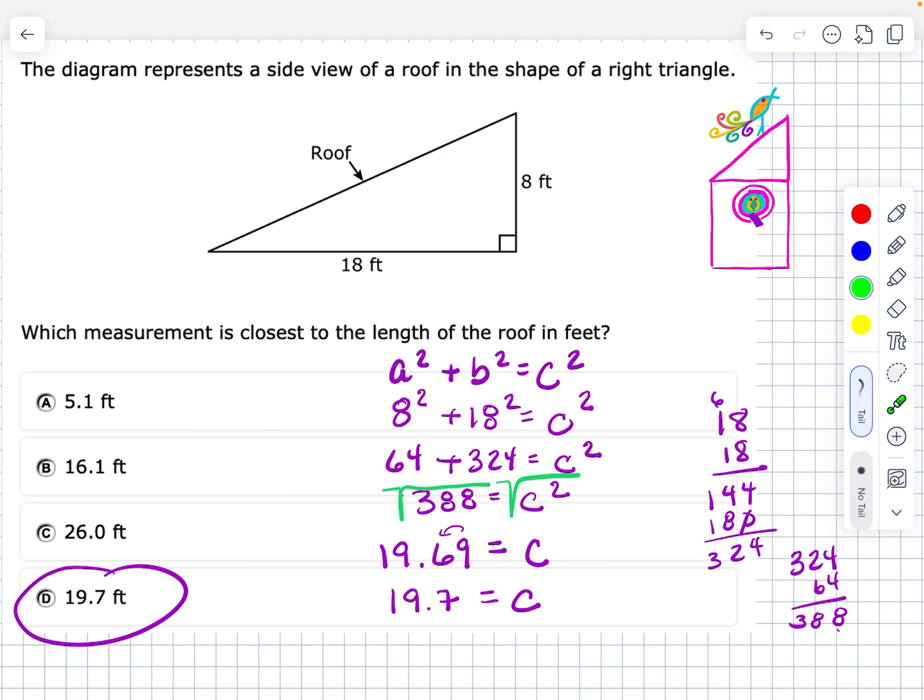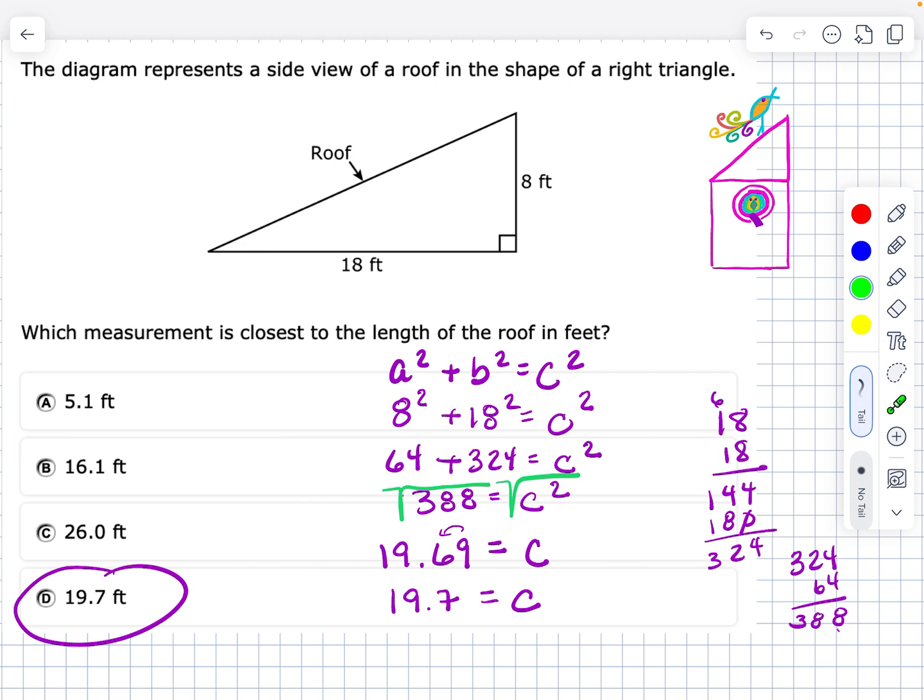Now, one other thing, you could actually do this problem just by eliminating the answers, which normally I do to start, but I want to make sure you understand how to do Pythagorean theorem because you're going to see it a lot. But if we've got these two legs here, the hypotenuse is always longer than the longest leg, always, right?